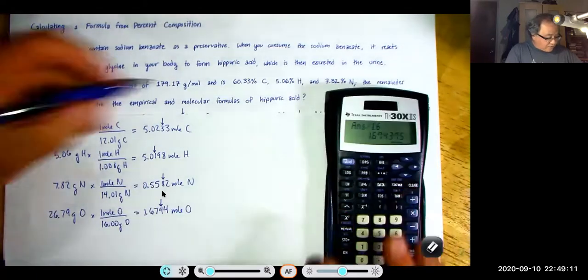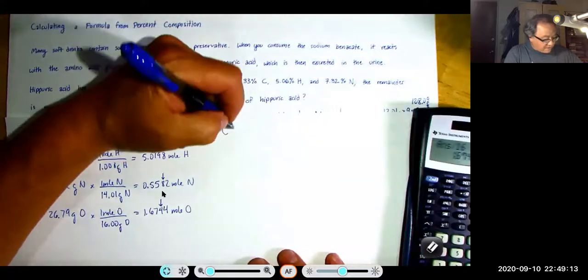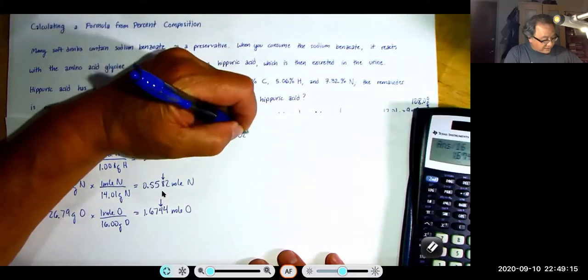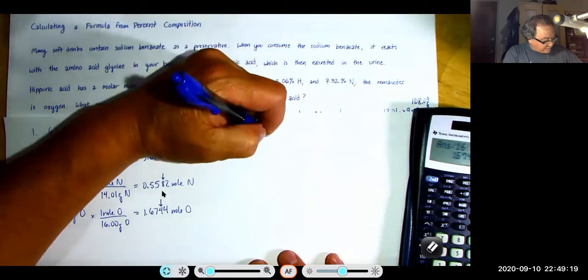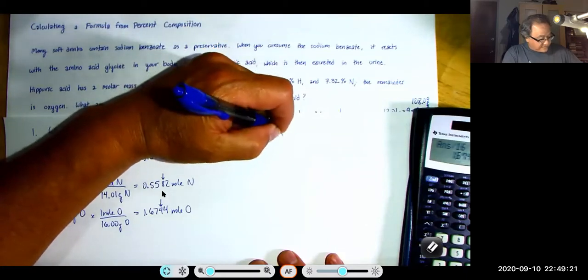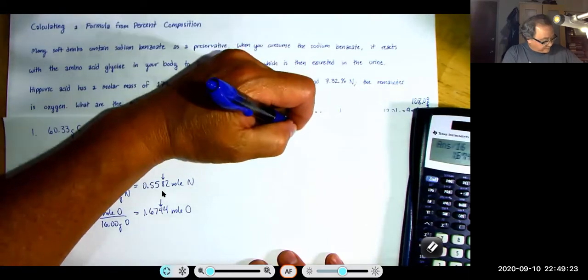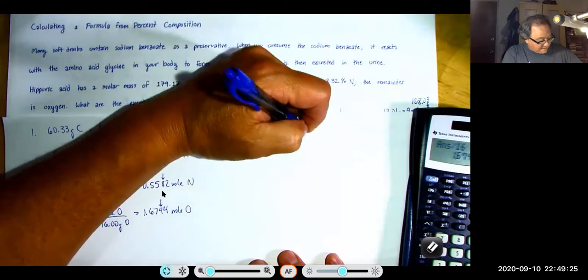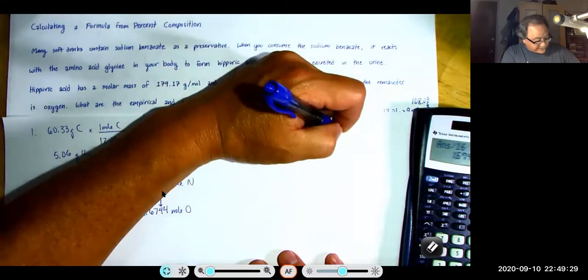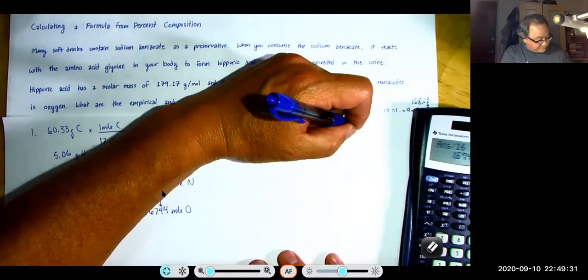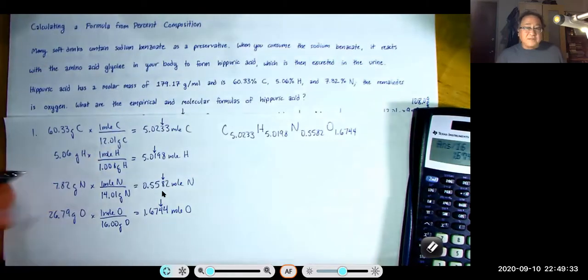So now we have carbon, 5.0233, hydrogen, 5.0198, nitrogen, 0.5582, oxygen, 1.6744. What am I going to divide by?